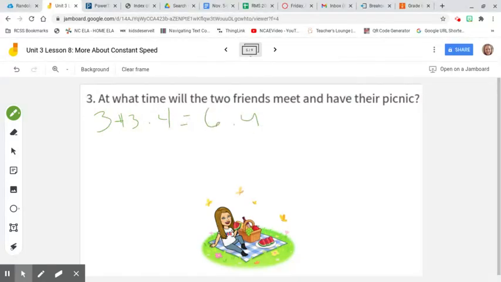So with every hour they are walking 6.4 miles.